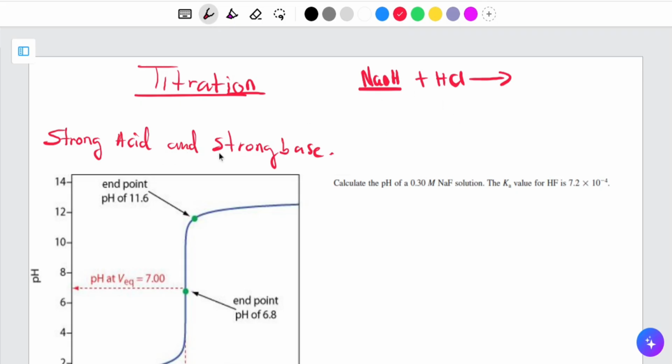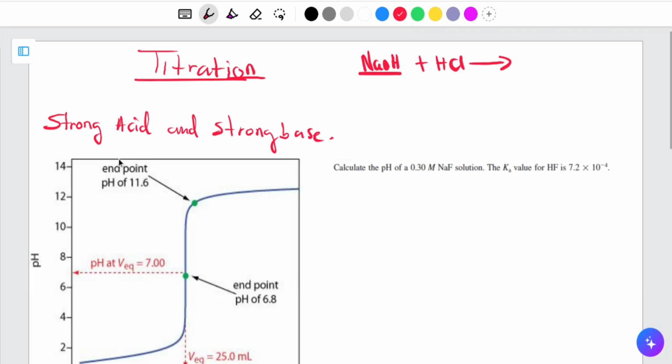Now, there are only 3 possible reactions that you can have. You can either have a strong acid plus a strong base, and when you're reacting an acid plus a base, that is a neutralization reaction. So according to the neutralization reaction, what are you adding?